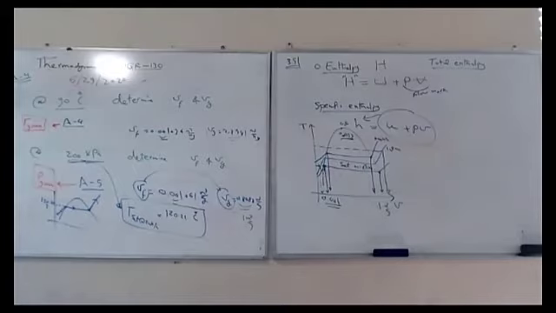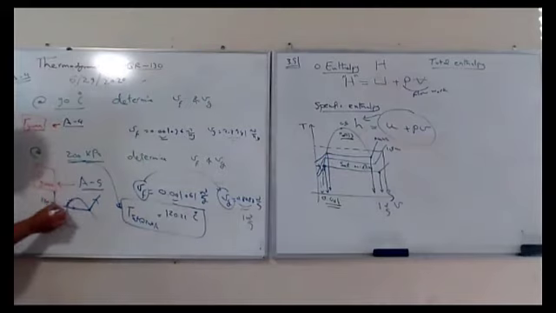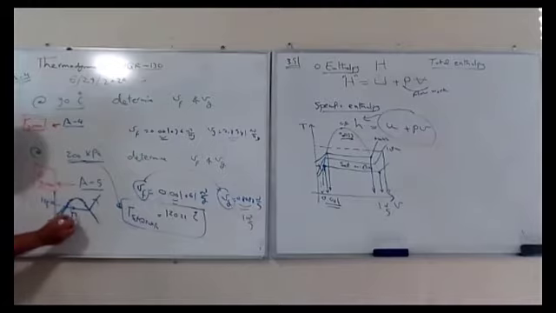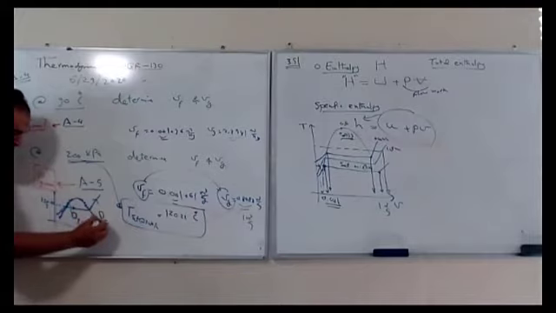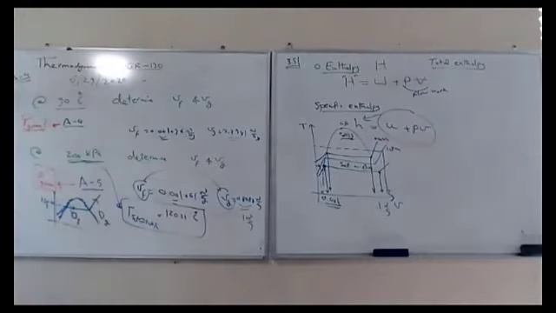So tables A4 and A5 are exactly these lines. Anything with subscript F and anything with subscript G are the two saturation lines. Okay, guys? So far, so good?